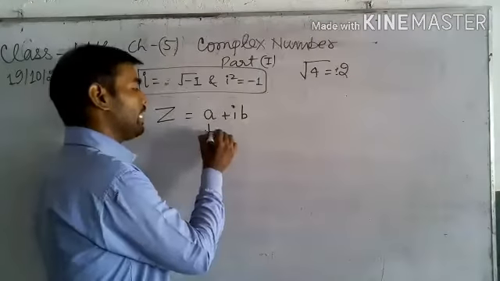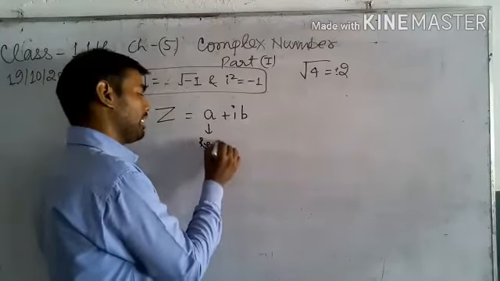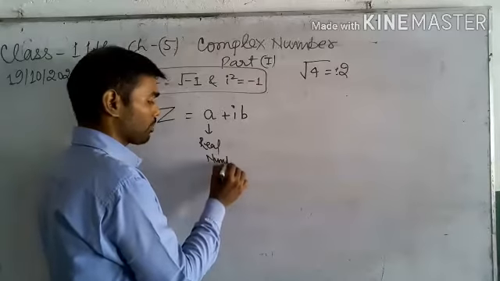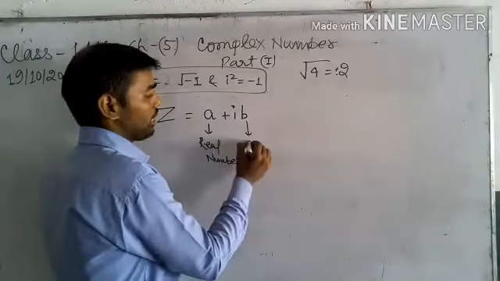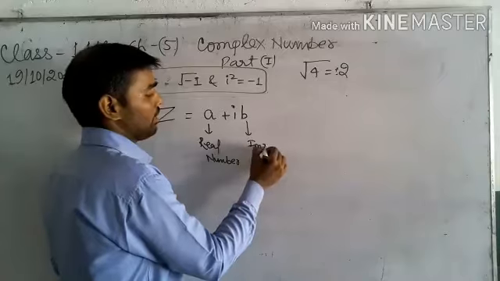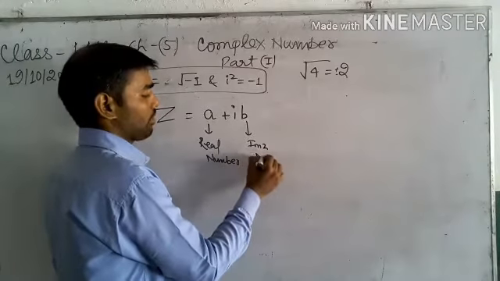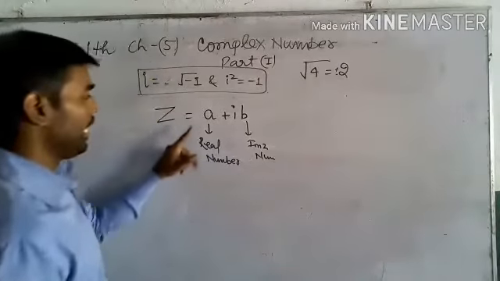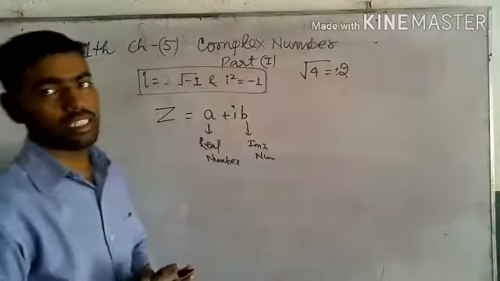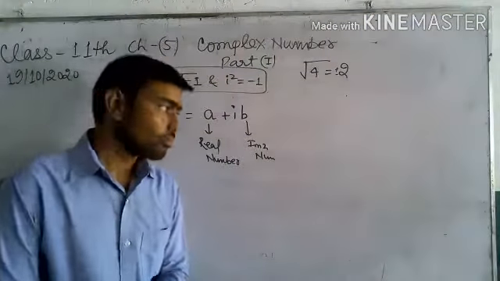Here a is the real part and b is the imaginary part. It means a is a real number and b is a real number.